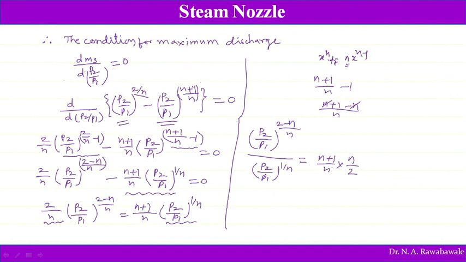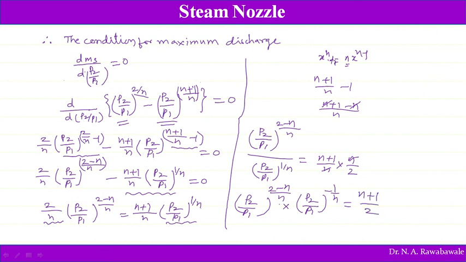So now this n gets cancelled, p2 divided by p1 to the power of 2 minus n divided by n into this p2 divided by p1, if we transfer it into the numerator, this becomes p2 divided by p1 to the power of minus 1 by n which is equal to n plus 1 divided by 2.